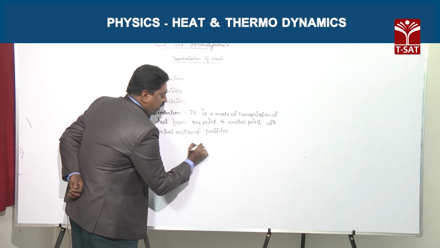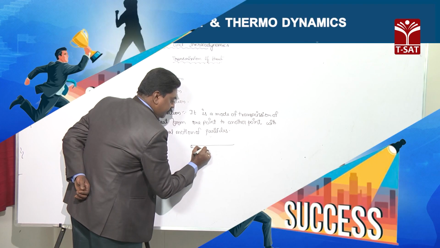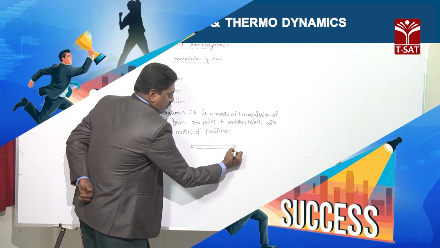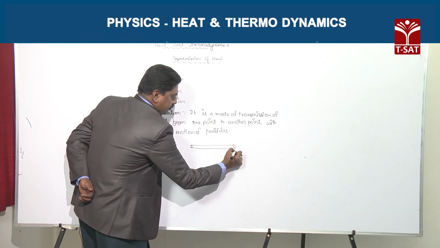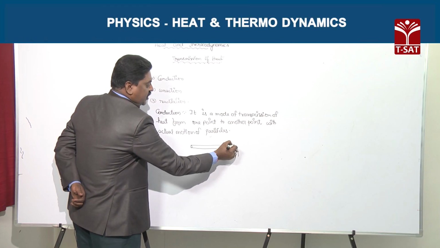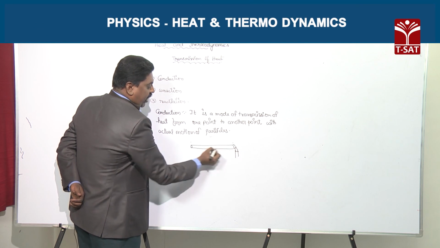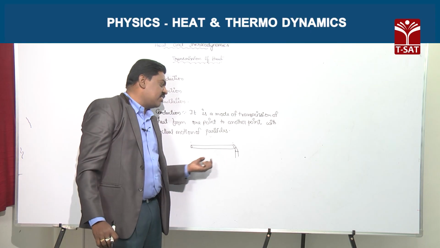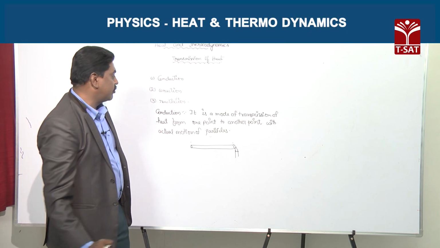When you arrange a metallic rod with one end in the fire, the heat transfers from one point to another point without actual motion of the particles. This kind of transmission of heat is called conduction.